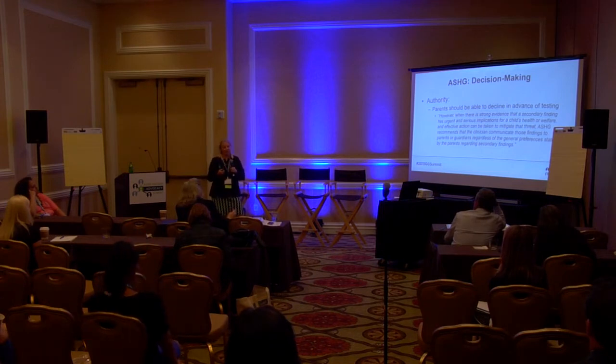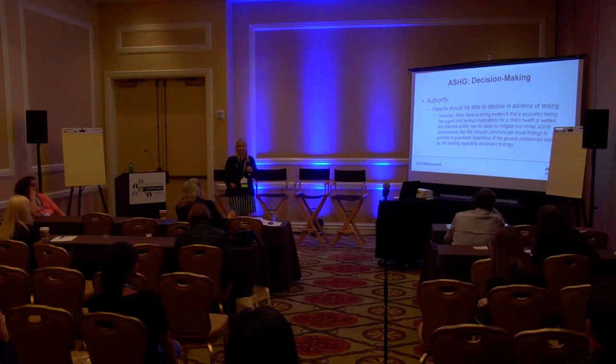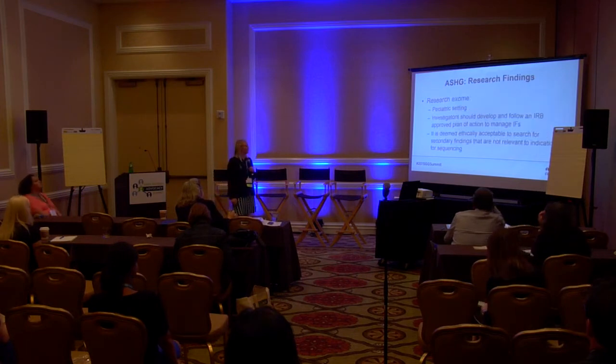But now we're saying, if the clinician is truly feeling that this is something that's very actionable and has impact on the child's life, that clinician has the right, per the ASHG statement, to disclose that information to the parents. So it adds a little bit extra layer. And obviously research is another area where you can find secondary findings. It's a little bit different.